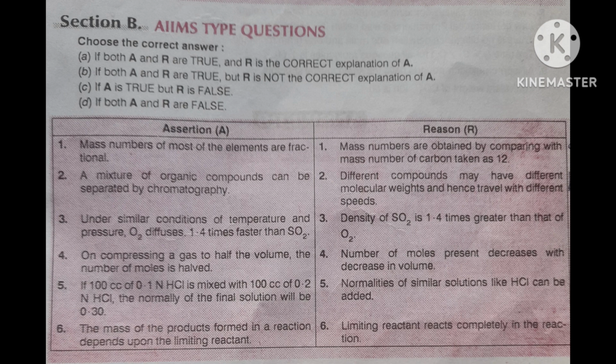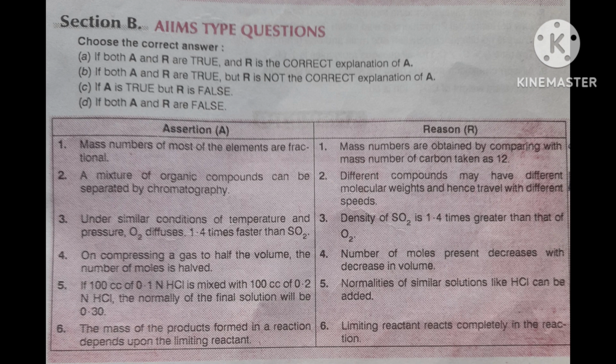Now I am telling the answer. Here option D is correct. Option D means both A and R are false. Both statements are false, hence D is correct, because mass number will not be fractional. Atomic weight will be fractional, hence the assertion is wrong.